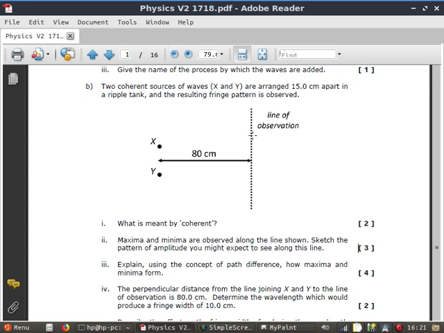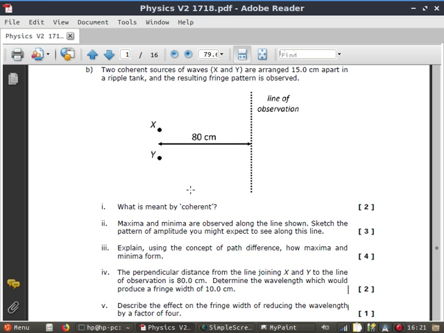Second question, sketch what you see here. Third question is explain what you got here. And fourth question is what's the wavelength? Alright, so this one is a bit hard. And then 1 mark, what would happen if you reduce the wavelength? Okay, this is a hard one.